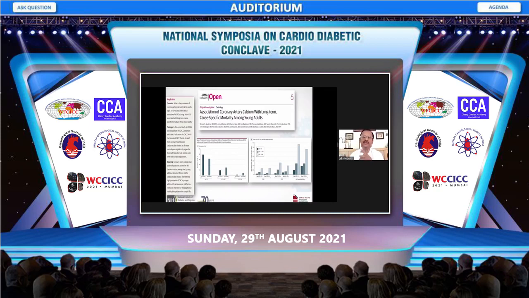Then you look at the CHD, CVD, and all-cause mortality in the young. That's predicted in terms of CHD, CVD, and the scores of 0 to 100 and more than 100. If you look at age 30 to 39 years and look at the events and the mortality they encounter, the lighter bars are the calcium score more than 100.